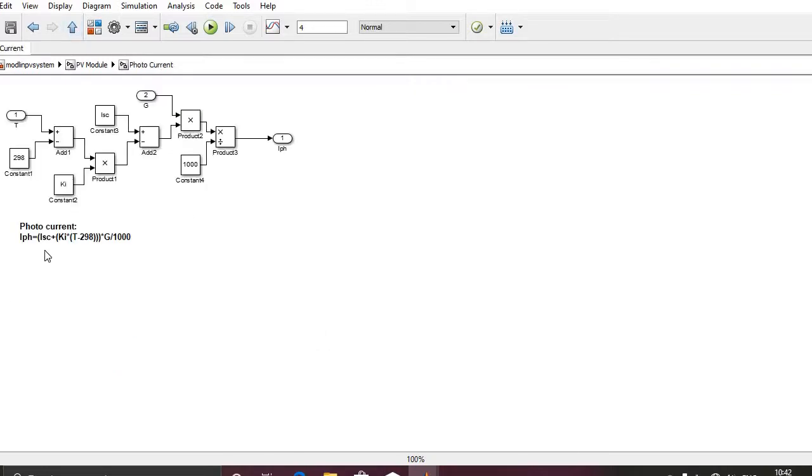Now the photocurrent. The equation of the photocurrent is IPH is equal to ISC plus KI into (T minus 298) into G divided by 1000.